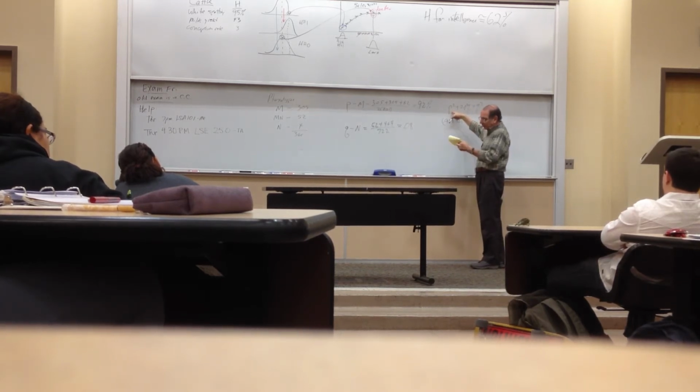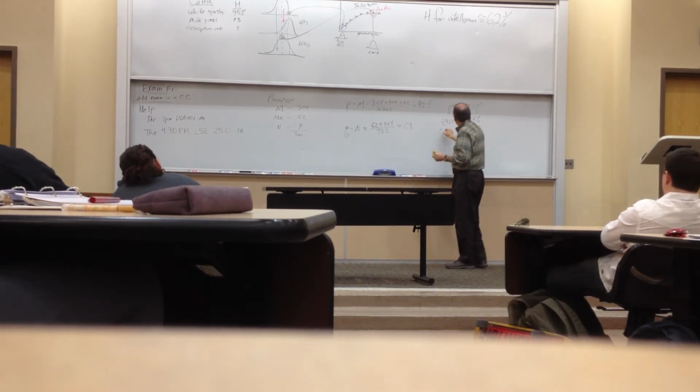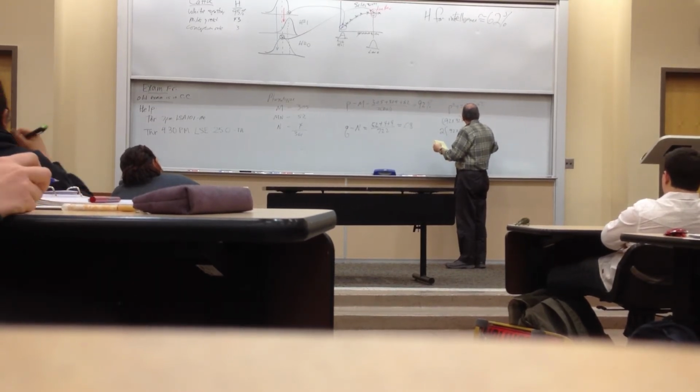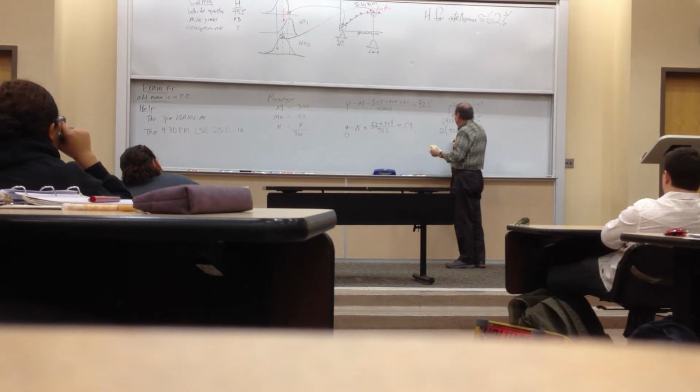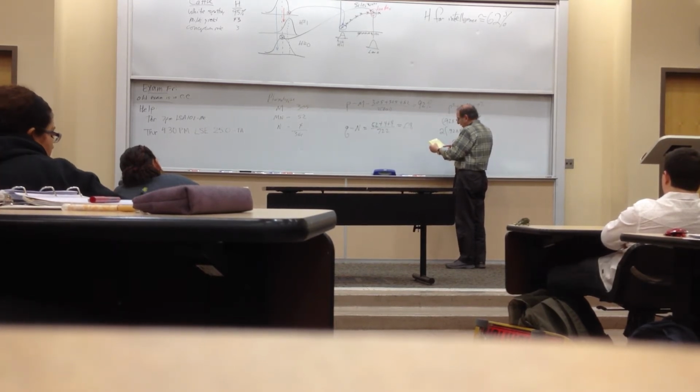That comes out to 84%. 2 times 0.92 times 0.08 comes out to 15%, and 0.08 times 0.08 comes out to 0.007.